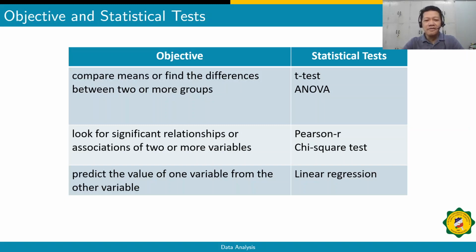But if you're looking for significant relationships or associations between two or among variables, possible statistical tests to be used are Pearson r and chi-square test. And if you want to predict the value of one variable from the other variable, you may use linear regression.